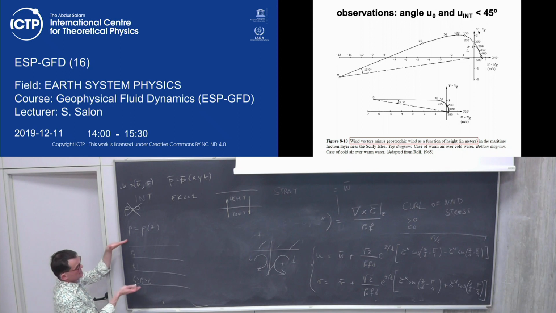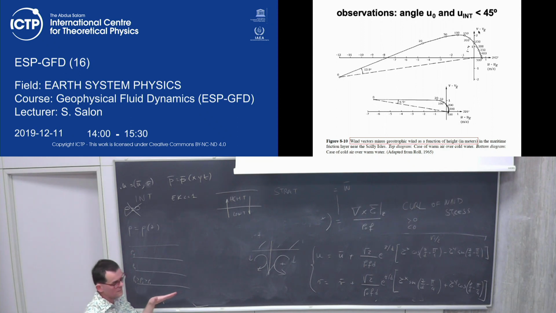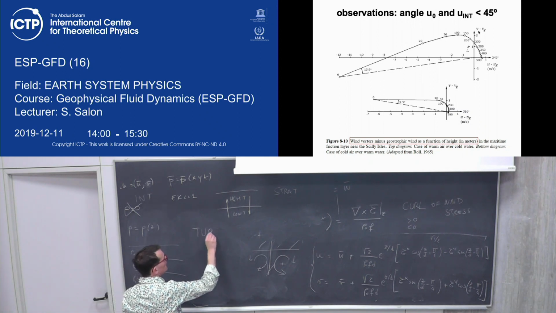This situation, which is different from the hypothesis that we considered for the Ekman layer, creates a sort of blocking, or let's say hindering, of the vertical motion. So upwelling and downwelling are much smaller. The other interesting thing is that we have turbulence.